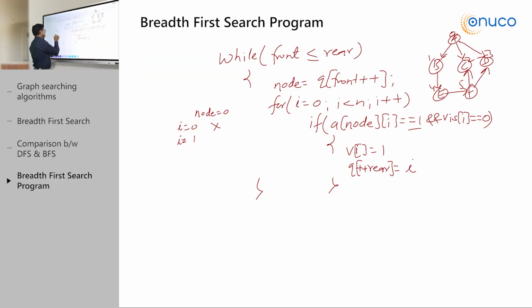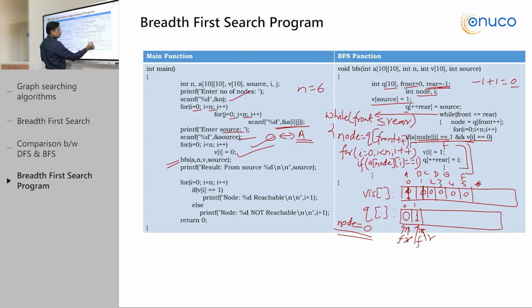Now I increases, so for I it has been done, now I is equal to 2. I is equal to 2 is nothing but 0, 1, 2. Do you have a path from 0 to 2? Yes. Okay, so 0 to 2 there is a path, so this condition passes. About the other condition, visited of 2 is 0, hence both conditions are true.